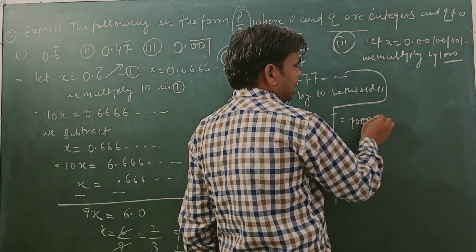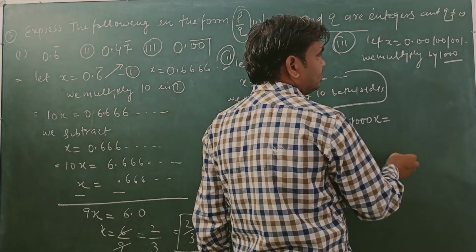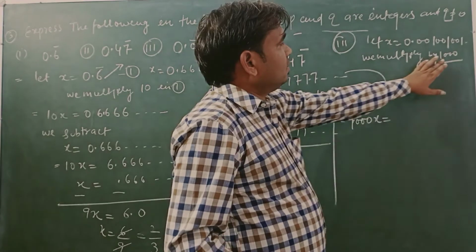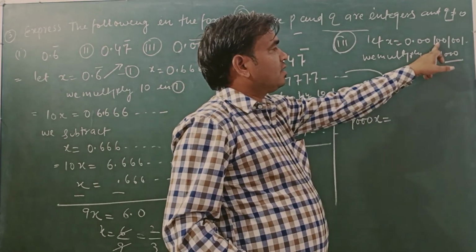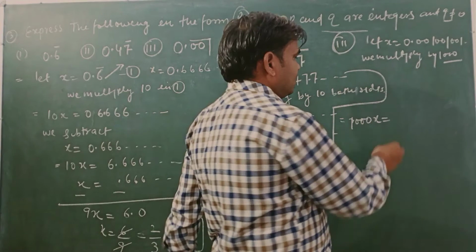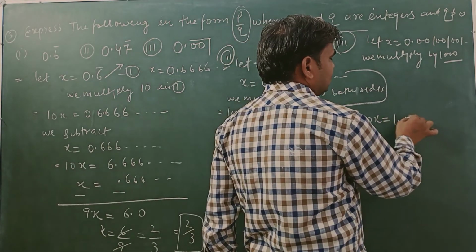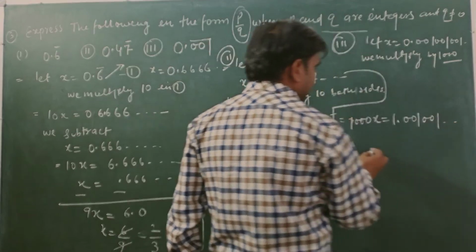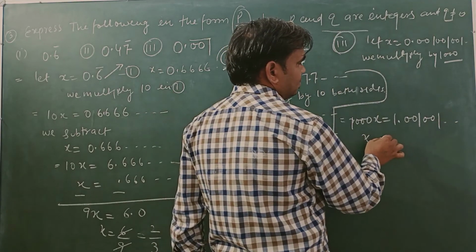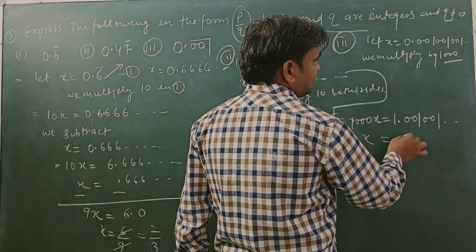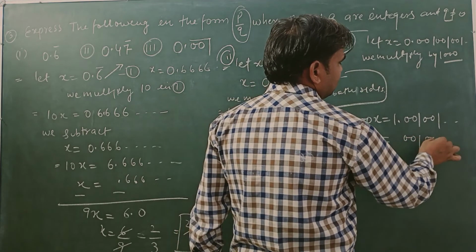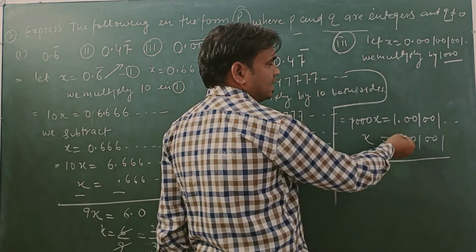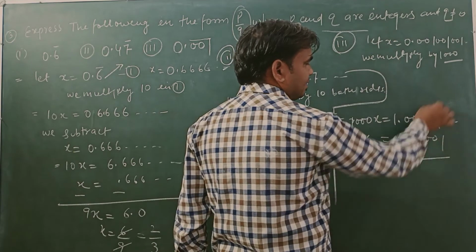So we get 1000x equal to 1.001001, as the position of the decimal moves, and here x equal to 0.001001.